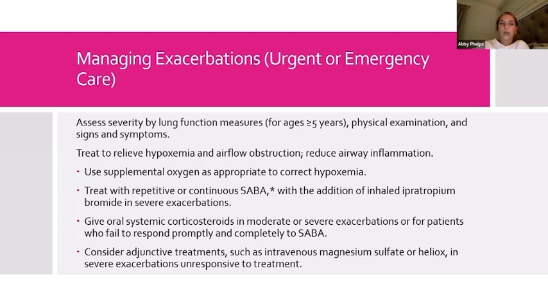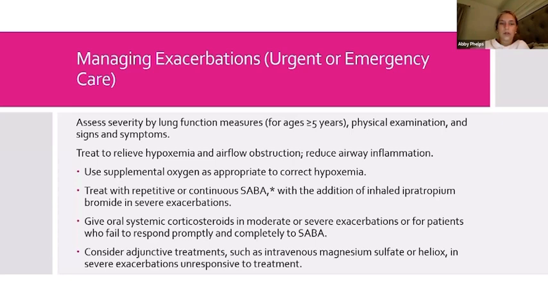So use supplemental oxygen as appropriate to correct hypoxemia. Treat with repetitive or continuous short-acting beta agonists, or SABAs, with the addition of inhaled ipratropium bromide in severe exacerbations.